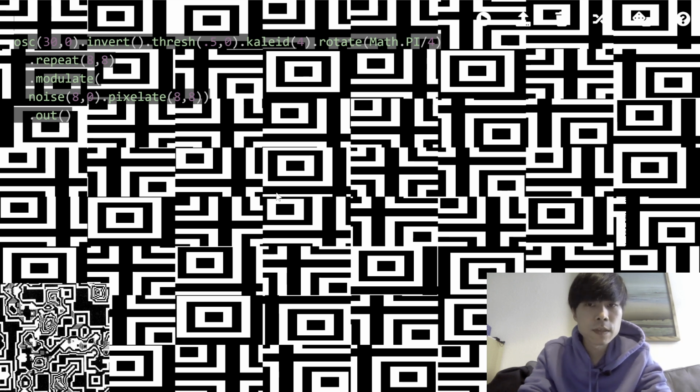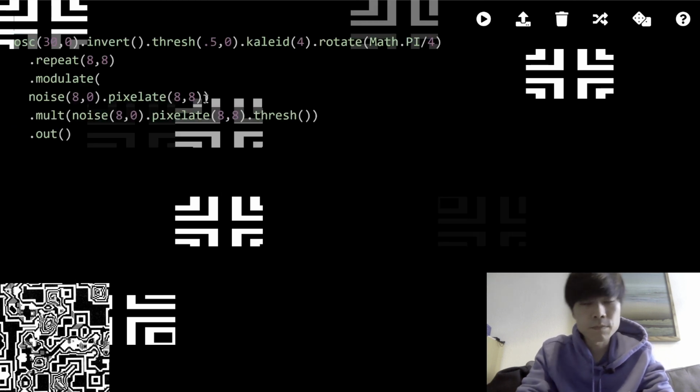Or maybe I should just work on the last part of this thing. Okay, let's say I would multiply with something like this, because I want some part to be black, so maybe thresh. Not really, or maybe I wouldn't even modulate at the moment.